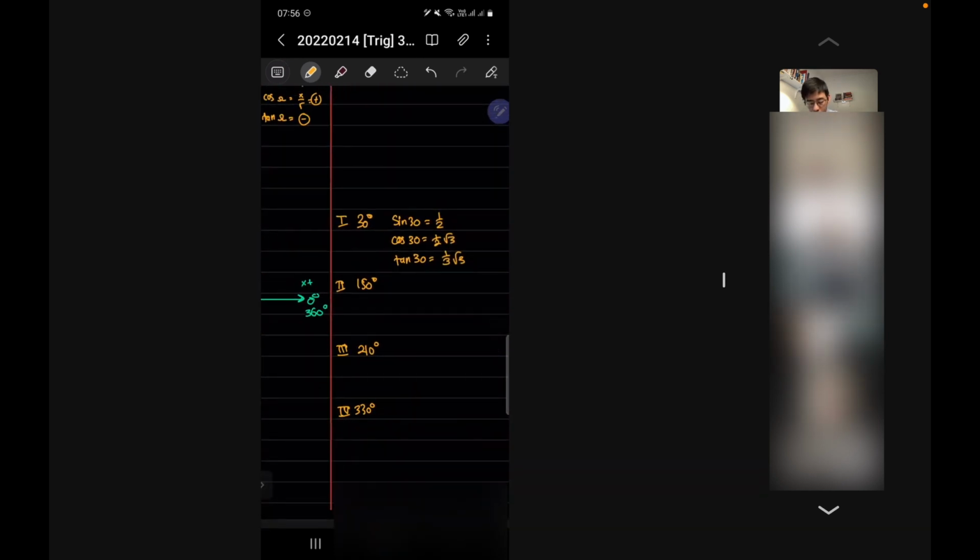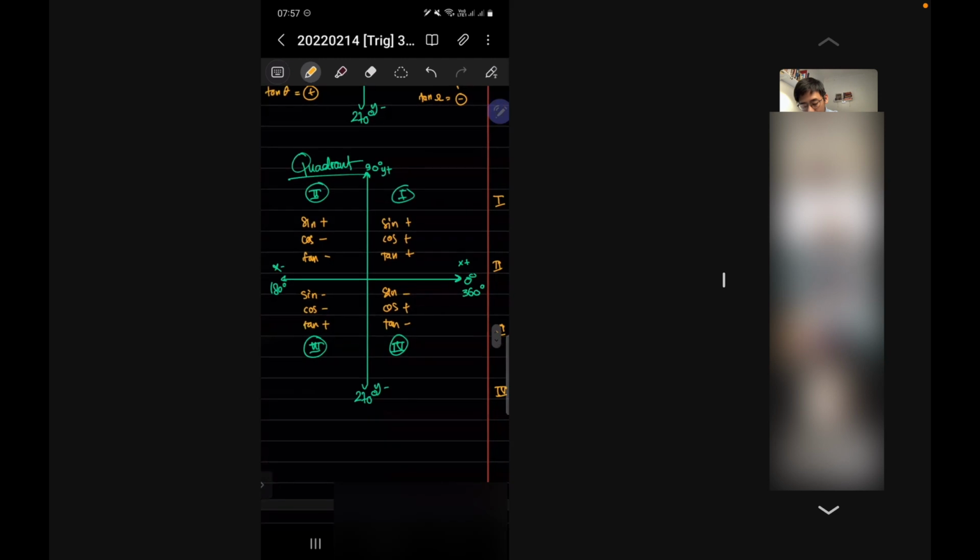Now it's going to be a little bit different with 150 degree, because we have to convert it into 180 degree minus 30 degree. So now we use the 30 degree: sine 180 minus 30, cosine 180 minus 30, and tangent 180 minus 30.